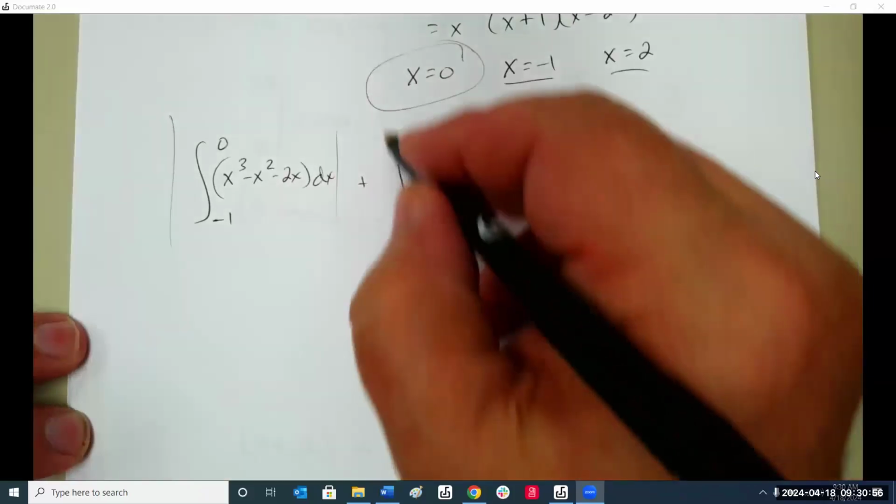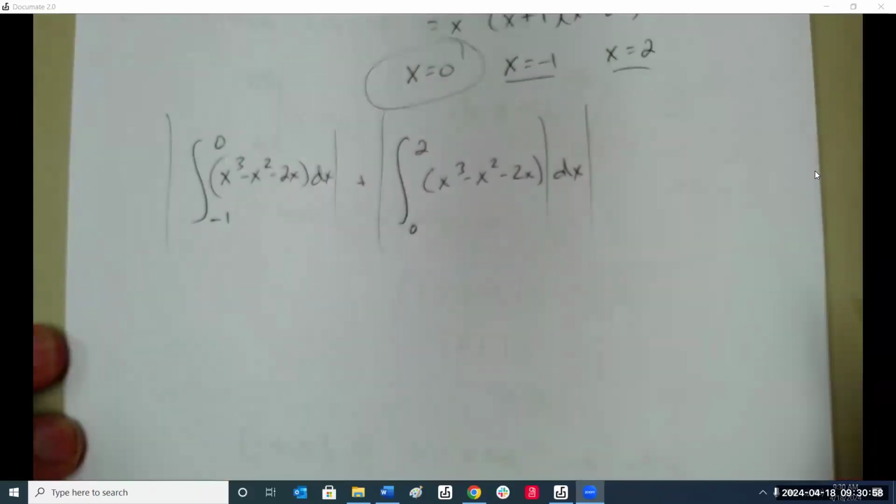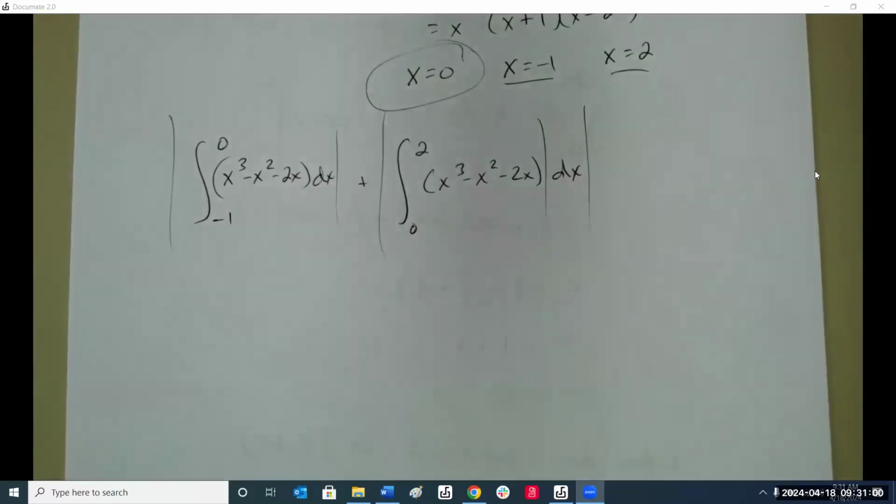Take them, and whatever you get, take the absolute value of them, and that'll give you the true area.